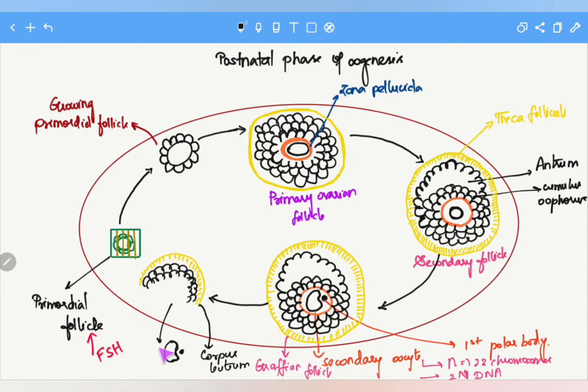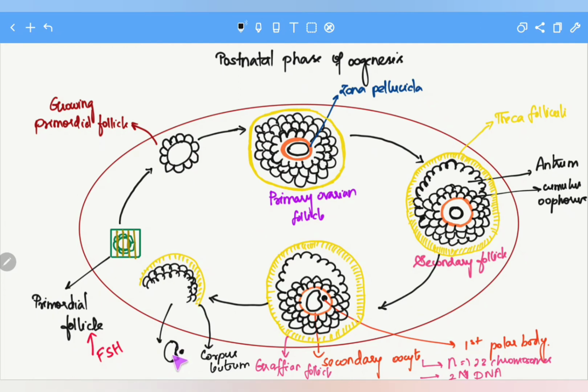So if sperm comes, once the sperm approaches the secondary oocyte, it resumes its second meiotic division, which had been arrested in the metaphase stage, and completes it to become a mature ovum.